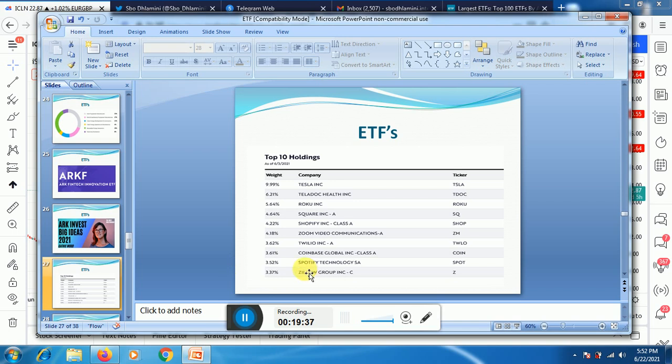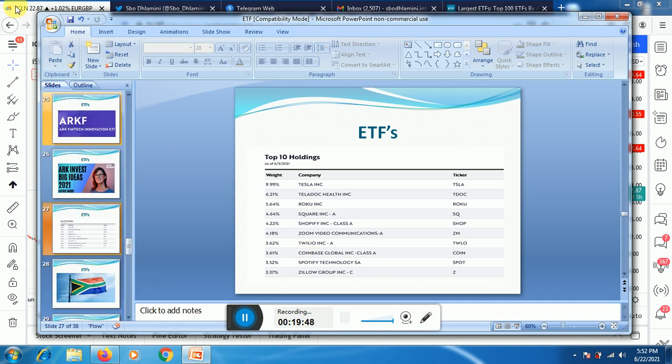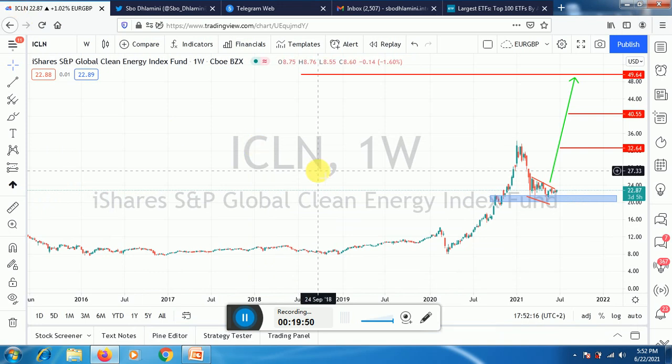And then they did invest in Spotify as well, and then my favorite stock here is Twilio.